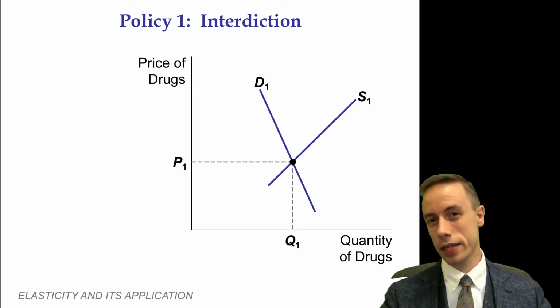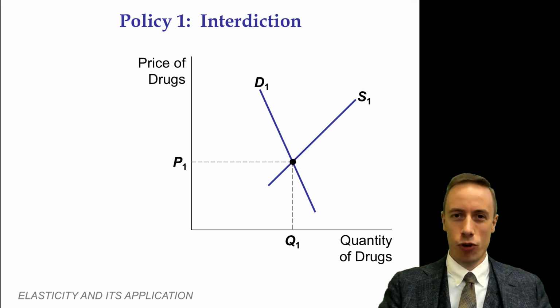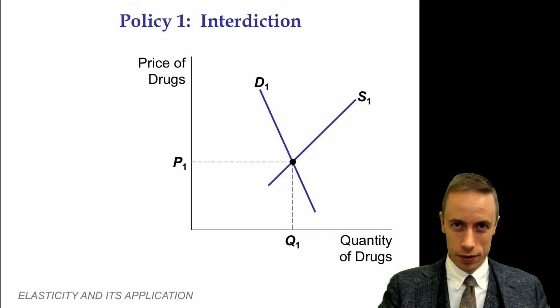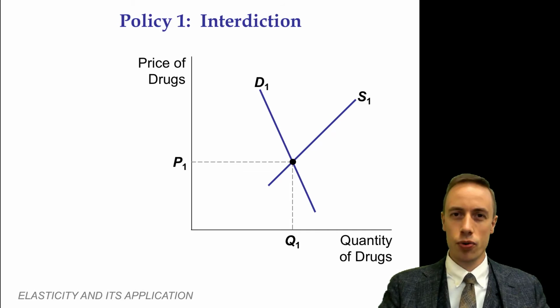Now, they are a great example of price elasticity of demand because think about it for a second. How do you think the price elasticity of demand for an addictive drug looks? It's addictive. Even if prices rise, quantity doesn't change very much. Addictive drugs have a famously low elasticity of demand.